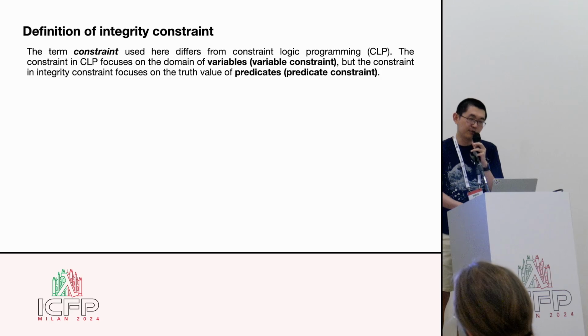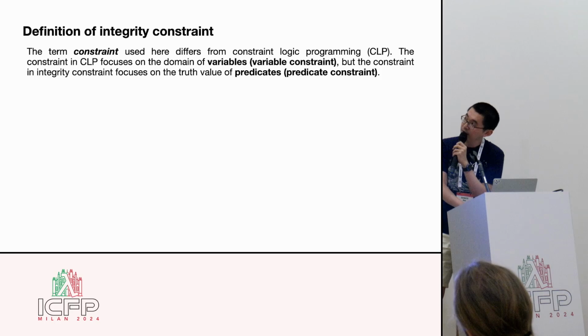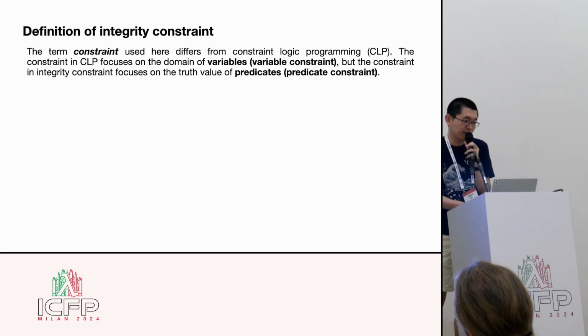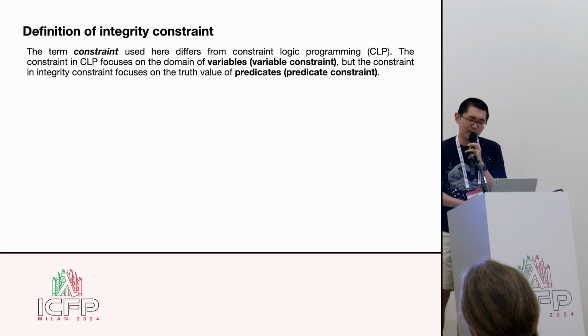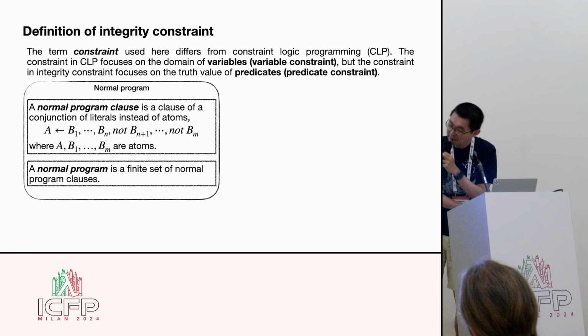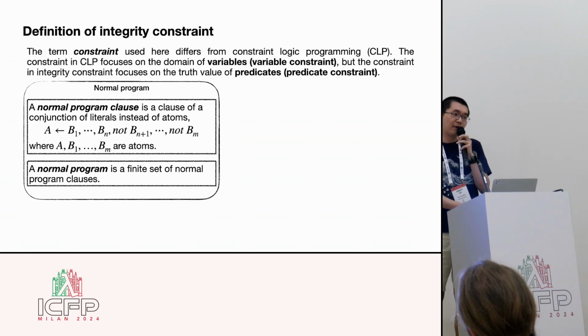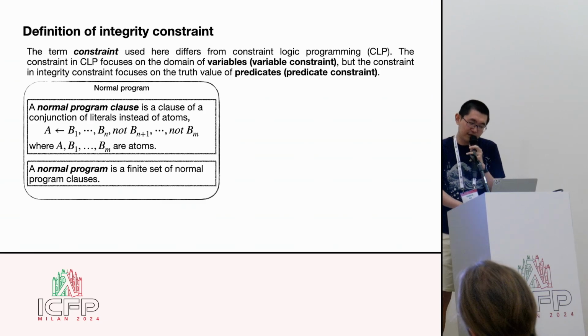The constraint in CLP actually focuses on the domain of the variables, so sometimes I will call it variable constraints. But the constraint here, in integrity constraint, actually focuses on the truth value of the predicates. So I prefer calling it predicate constraints, but the logic programming people say you must call it integrity constraints. Okay, anyway, this is our normal program definition.